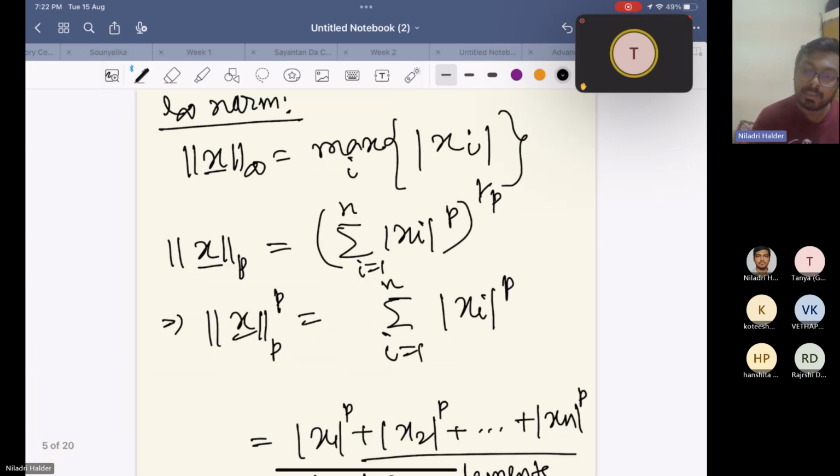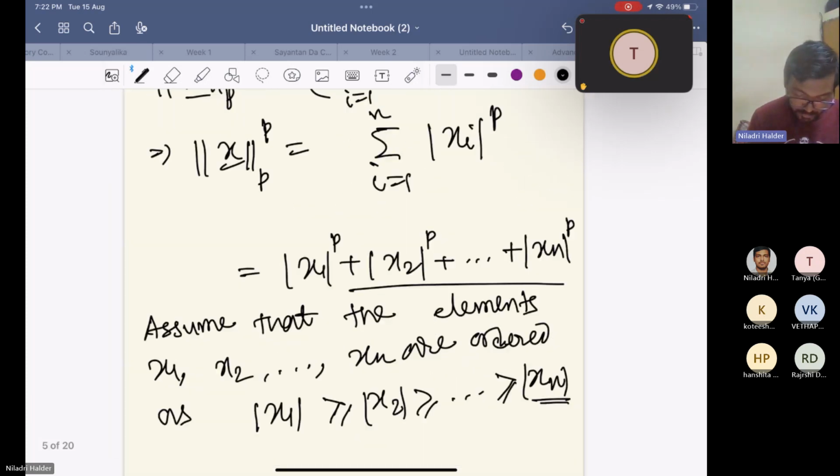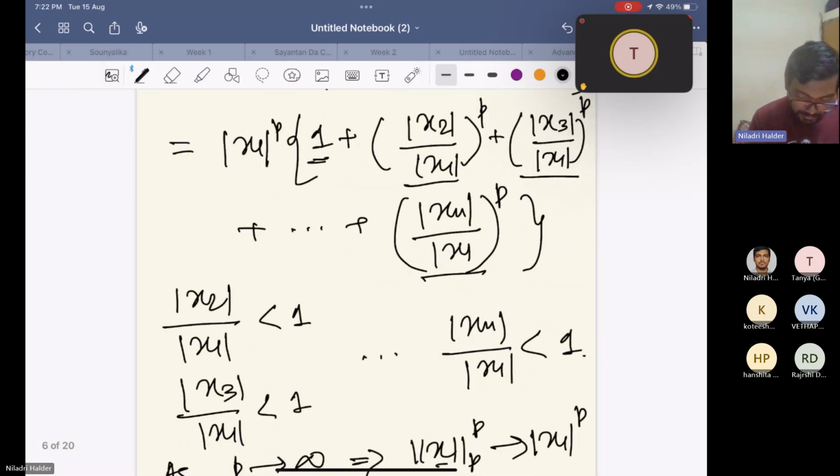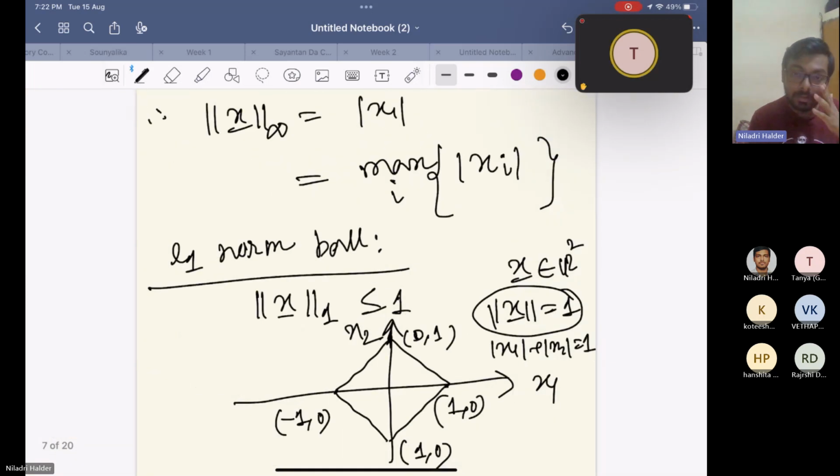If p is infinity, that gives the infinity norm. I have shown that the infinity norm can be taken as the maximum of the absolute values of all the elements in a vector, and the L1 norm ball can be shown as a tilted square.